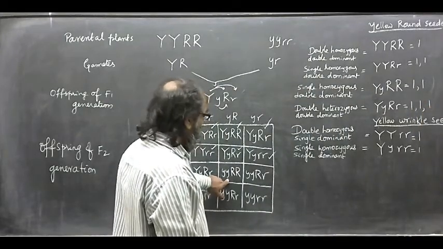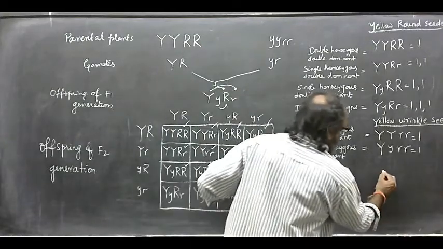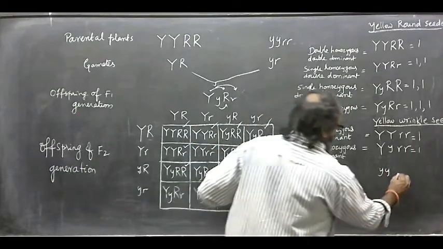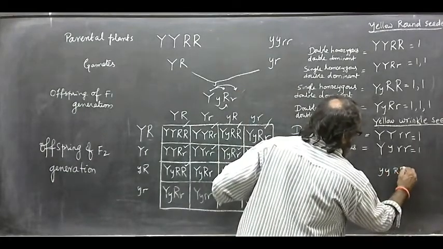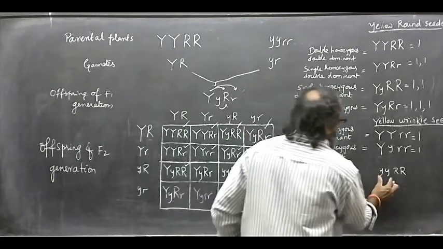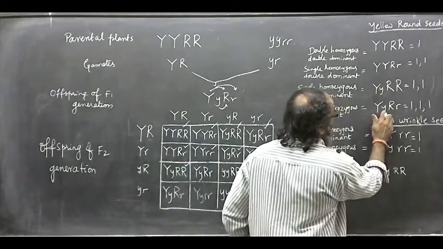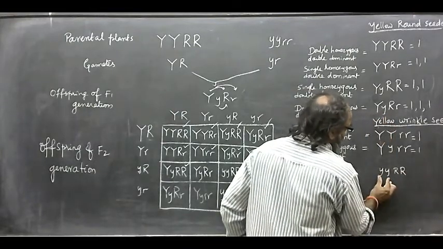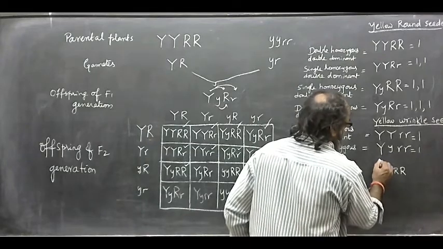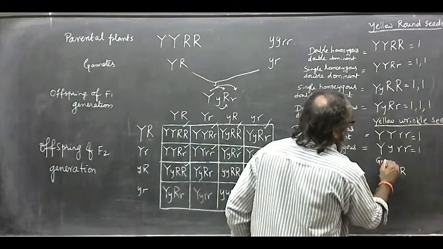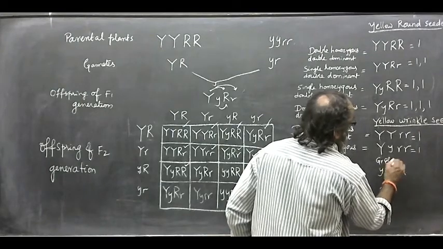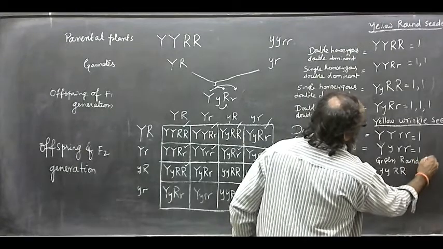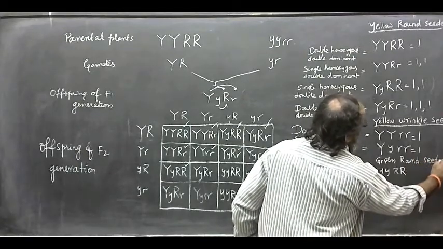Now, the next case, it is small y, small y, capital R, capital R. Capital Y or capital Y, small y represents yellow. Small y represents green. Therefore, these are green round seeded.